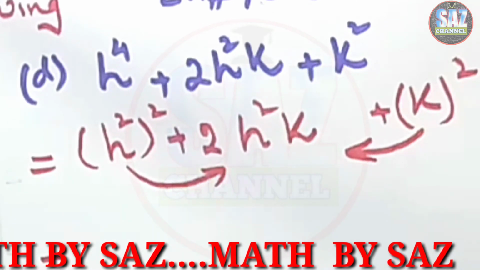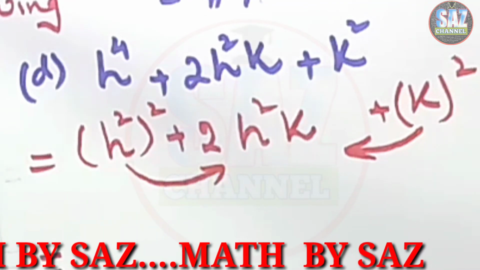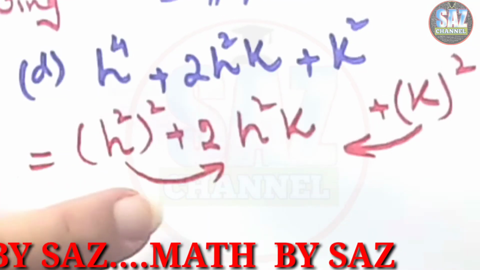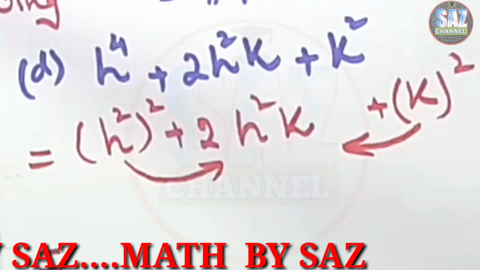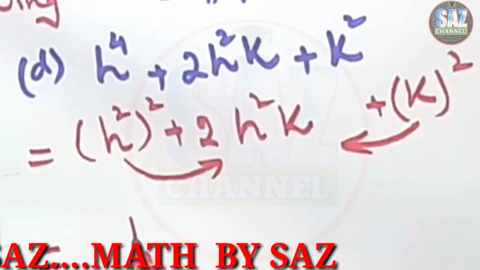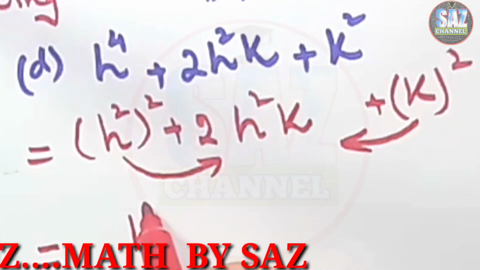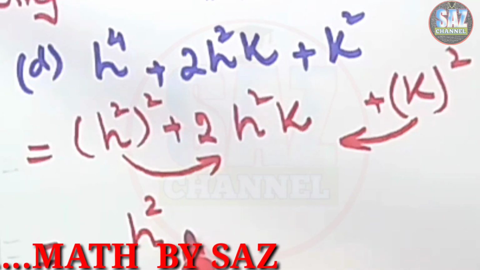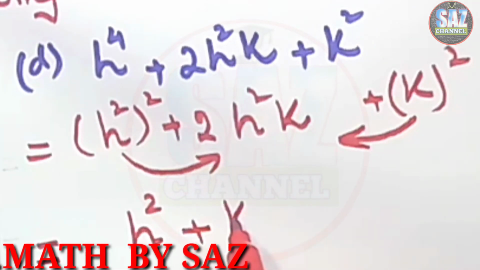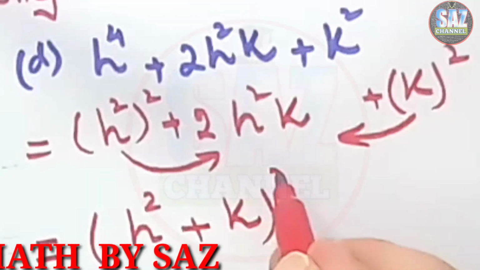I have written the expression in the form of a square plus 2ab plus b square. Now write it in the form of a plus b whole square. A of the question is h square plus b, that is k, and whole square.